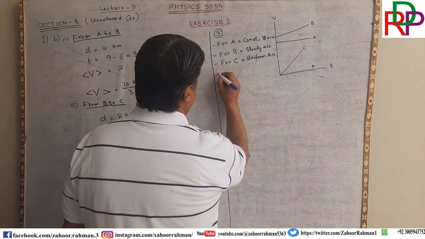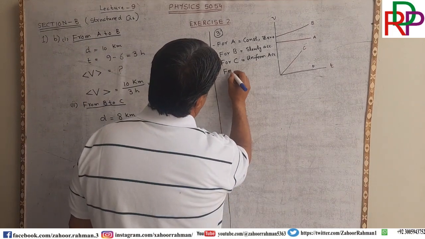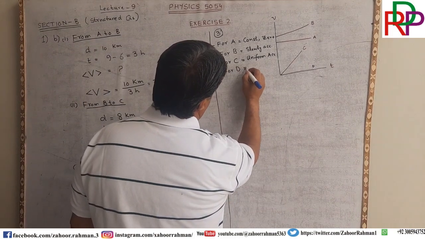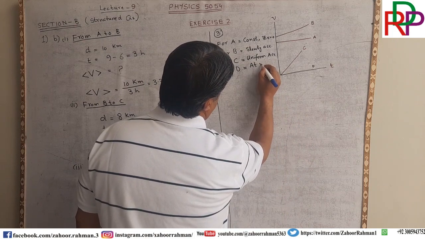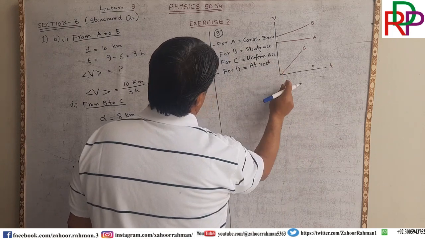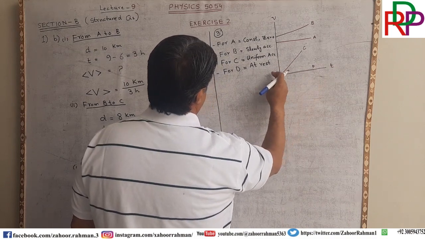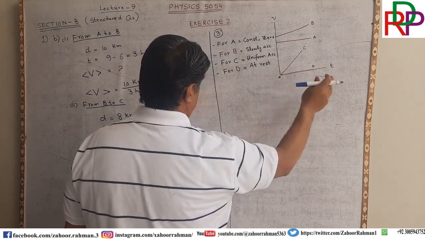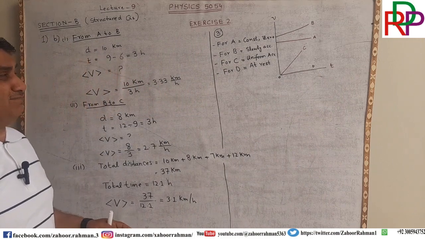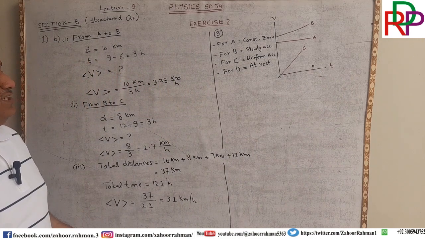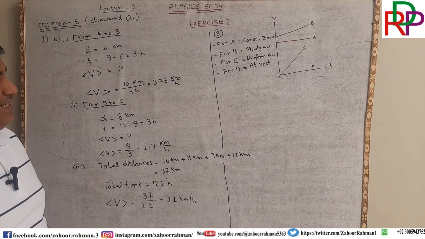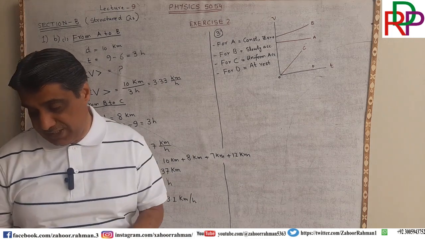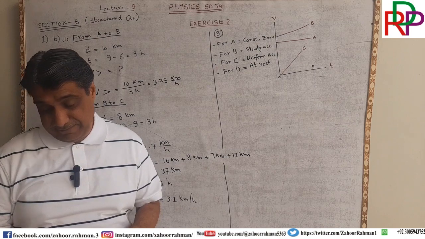And for part D, the body is at rest, because we studied that it is with the zero time. The time is passing, but there is no change in the velocity. So it means that the body is at rest.